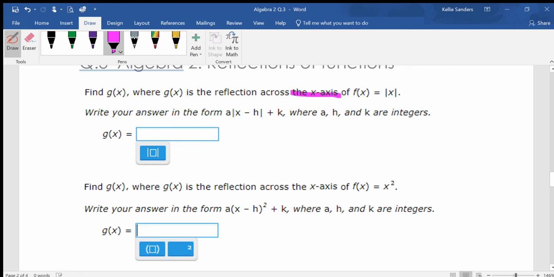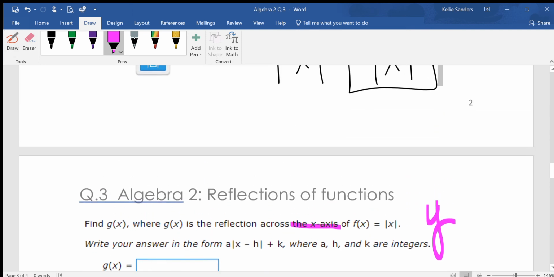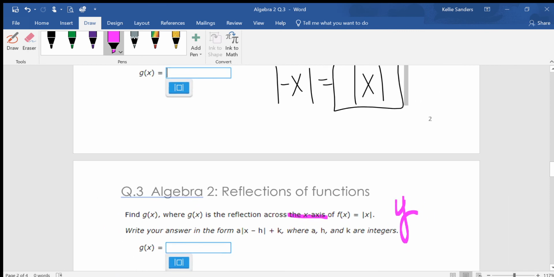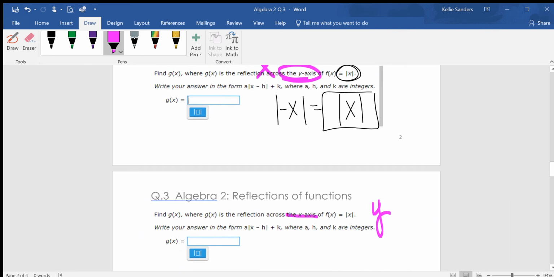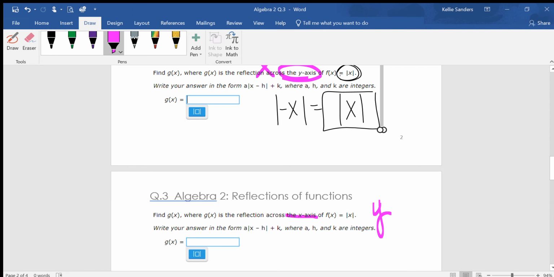We're going to reflect about the x, so we're changing the y. Now watch this. This is totally different than what we just did. And let me see if I can bring both of them up. Let me squish it. Okay. So we have the same exact equation, but a different question. When we reflected about the y, we just changed the x.